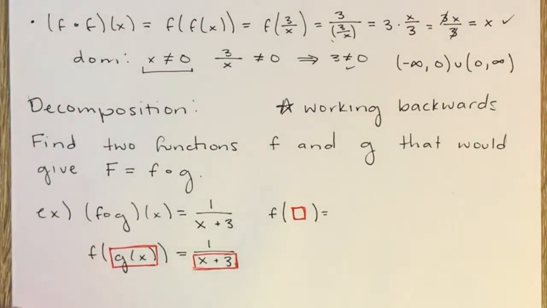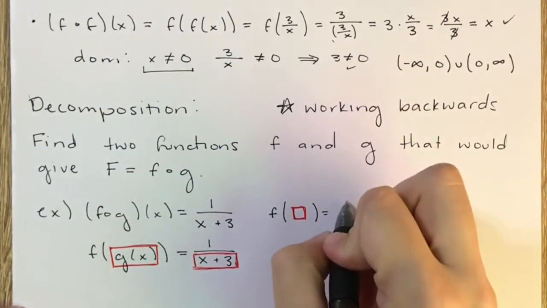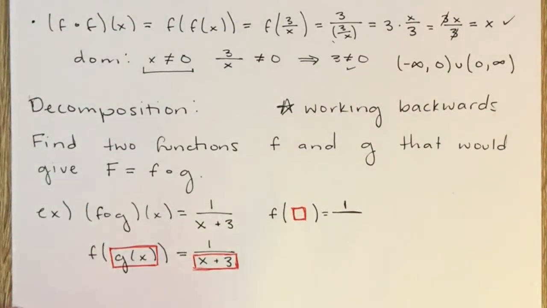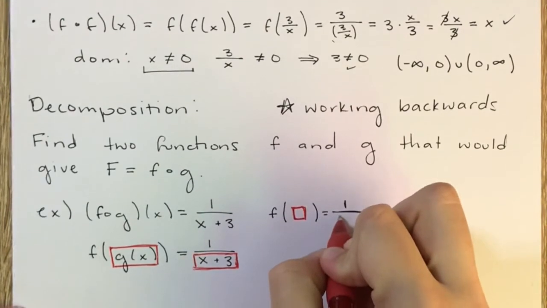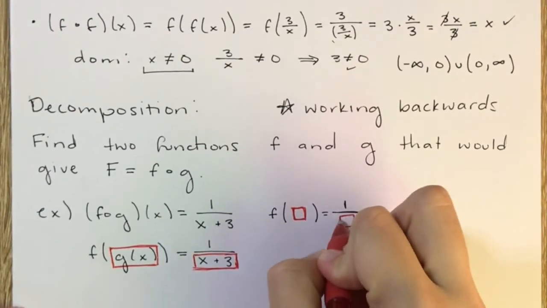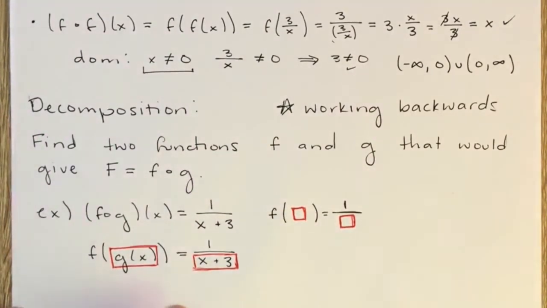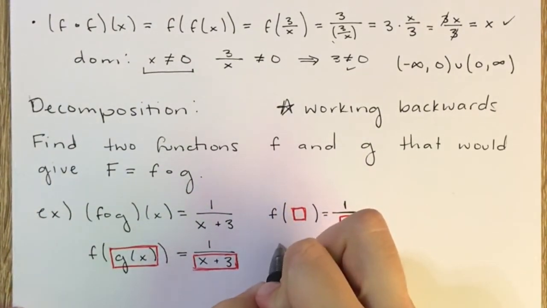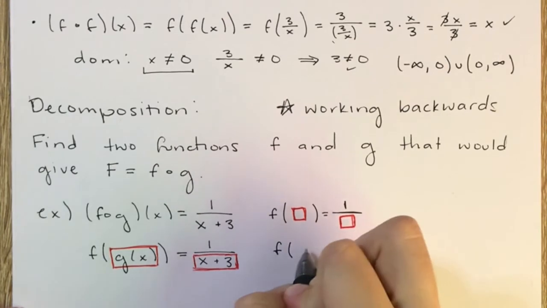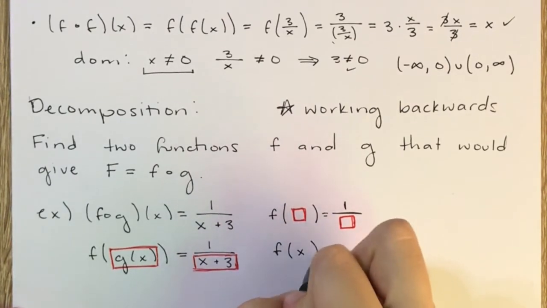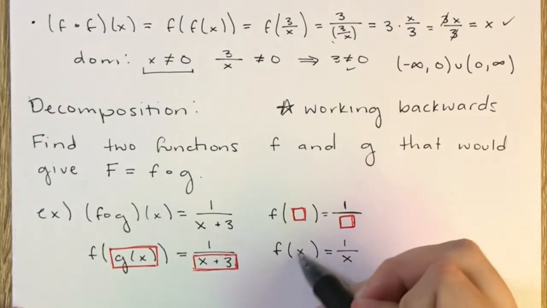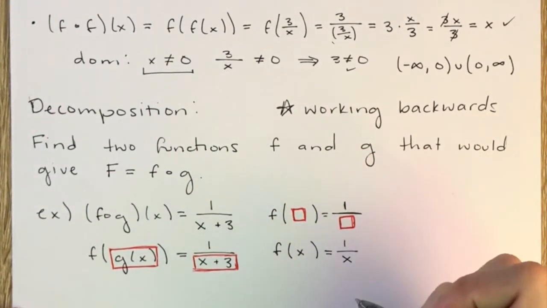So we're taking f of box, and we've also taken the x plus 3 out, so what's left is 1 over this box, right? Red box. And all we need to do is just call that box x. At the end of the day, that's the point of variables, just kind of standing in place of some other stuff, right?